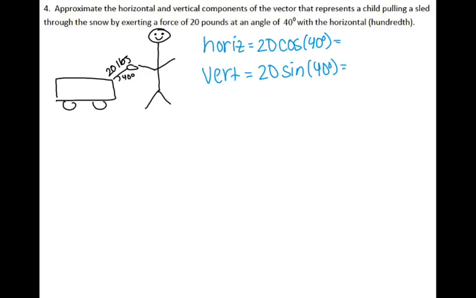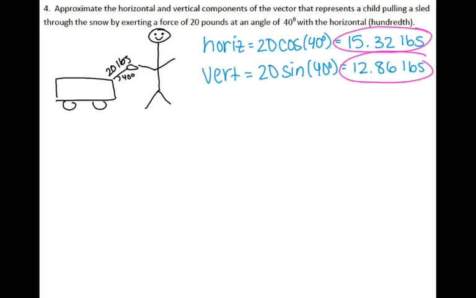And using my beautiful piece of technology that is the TI-84, 20 cosine of 40 gives me, it says to the nearest hundredth, so that's 2 decimal places, 15.32 pounds. And for my vertical component, I have 12.86 pounds. So this question was just asking for the components, which we have.